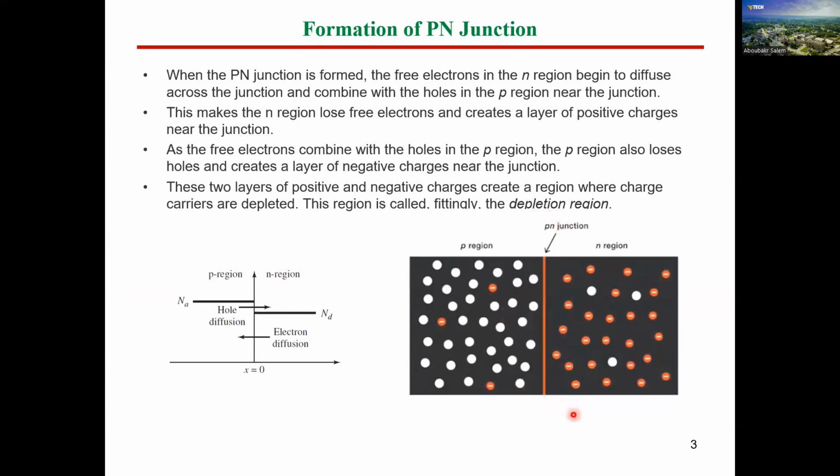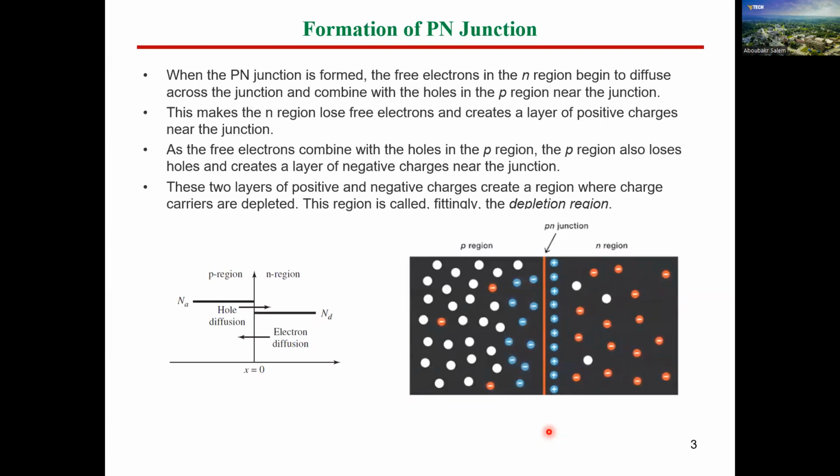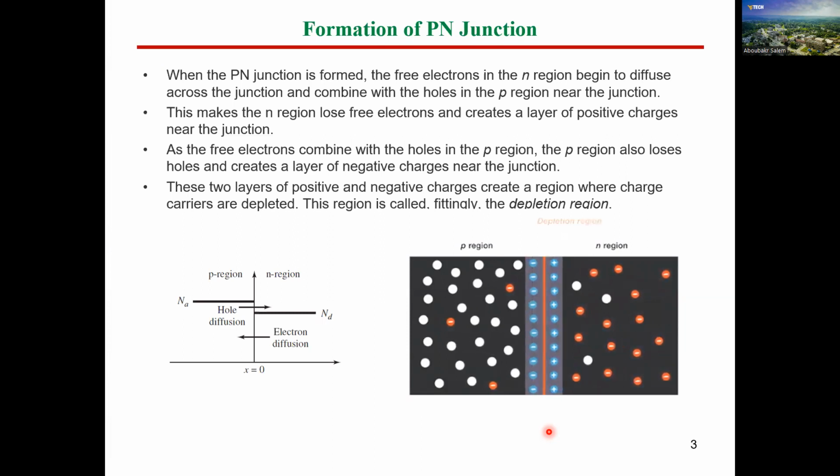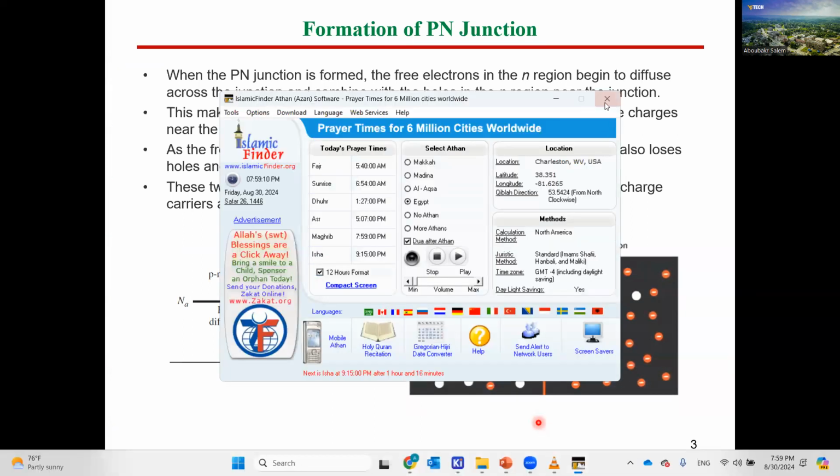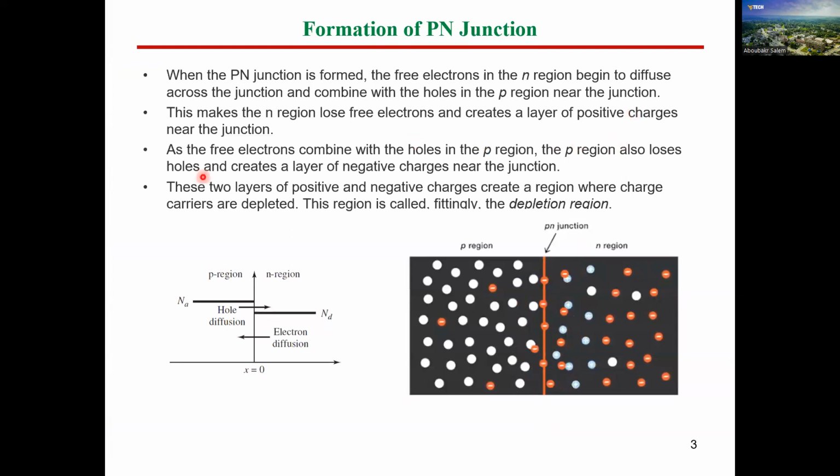So this will make a region called the p-n junction. And again, this depletion region will not allow a current flow. You need to break this region first in order to allow a current to flow in this material. Okay, guys?